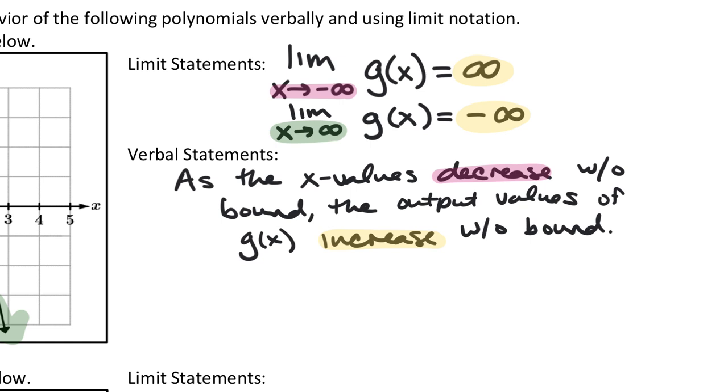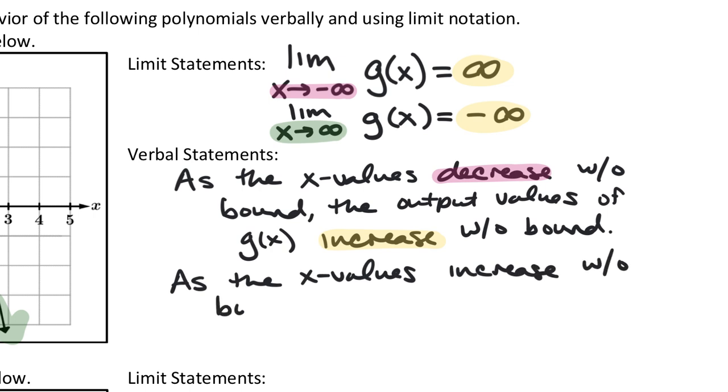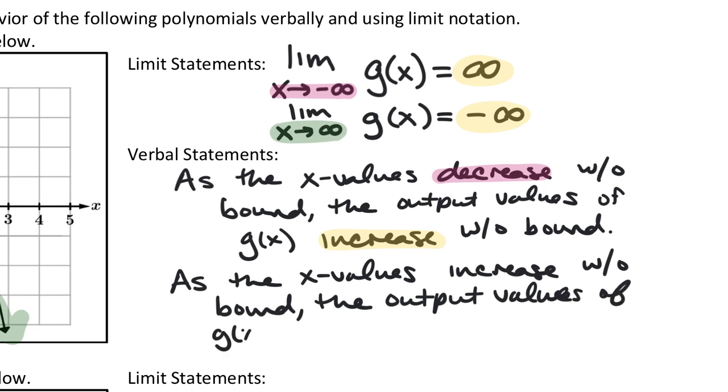If we were writing the right side end behavior, that was a lot of words that alliterated: as the x values on the right side increase without bound, for this function, the output values of g of x are decreasing.